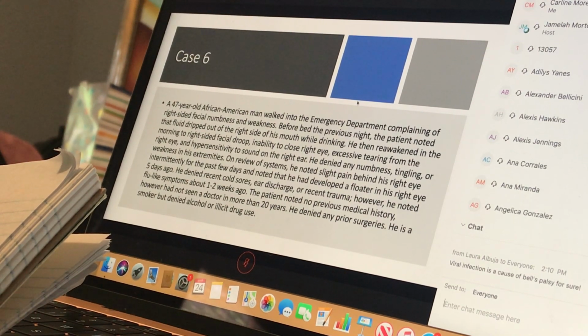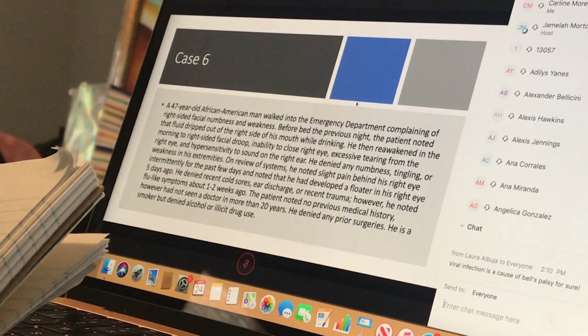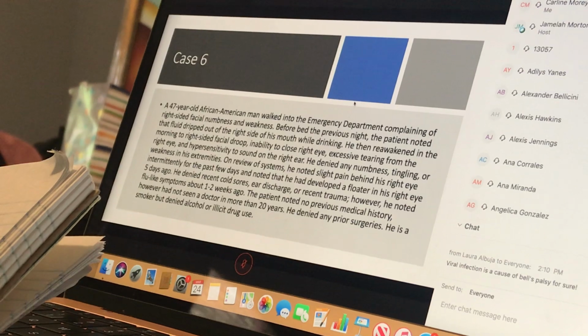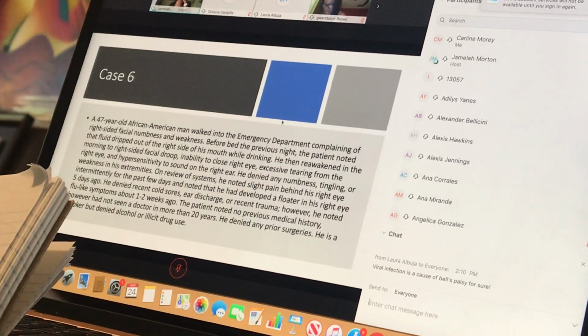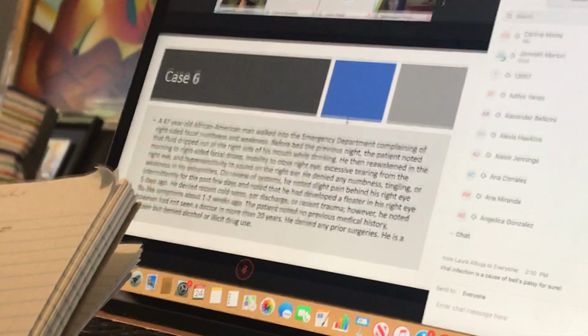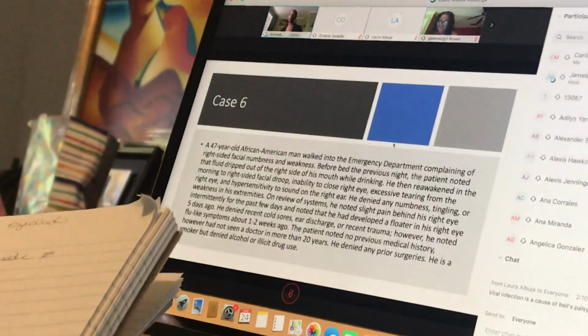Now, if they can't wrinkle their forehead, they can't close their eyes, they have tearing, they have hypersensitivity to hearing, sometimes they can have decreased taste on the back of their tongue. This cranial nerve 7 causes that. Excessive tearing, floaters.